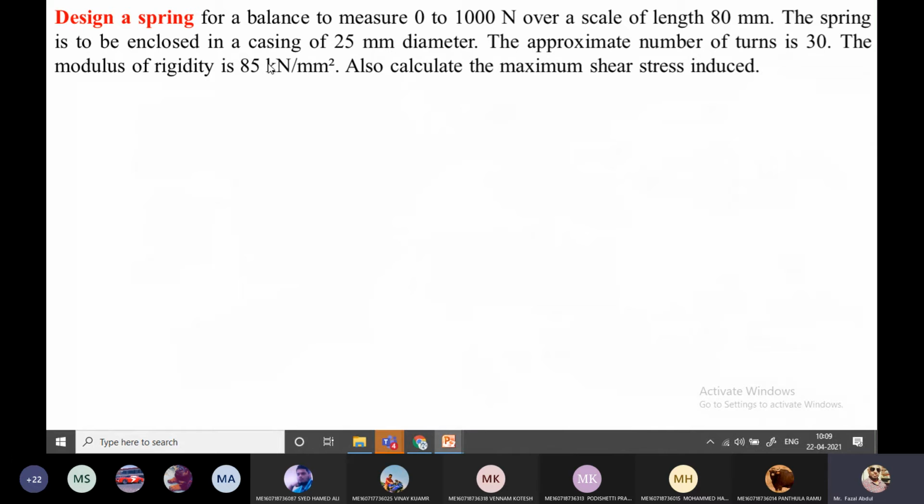Okay, now the next question. Design a spring for a balancing measure from 0 to 1000 newtons. So first write down the given data.